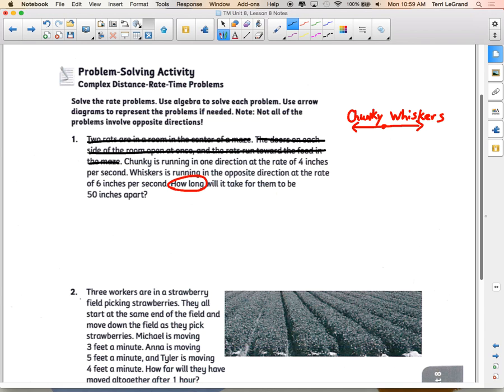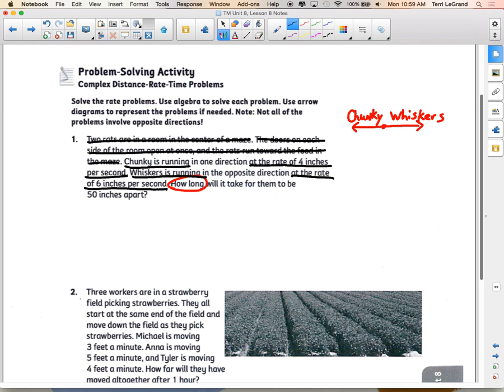So it says Chunky now is running in one direction, Whiskers is running in the opposite direction. Is that kind of important information? Yeah. So we probably should underline that Chunky is running at the rate of 4 inches per second. Whiskers is running at the rate of 6 inches per second.